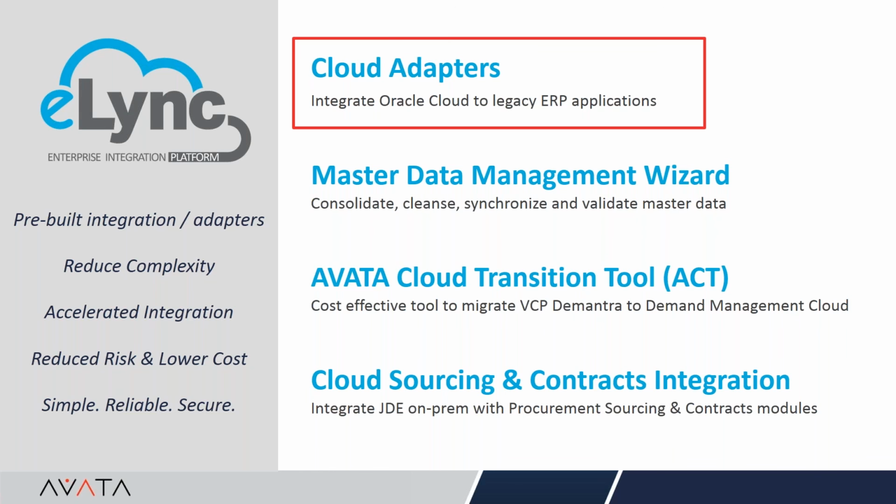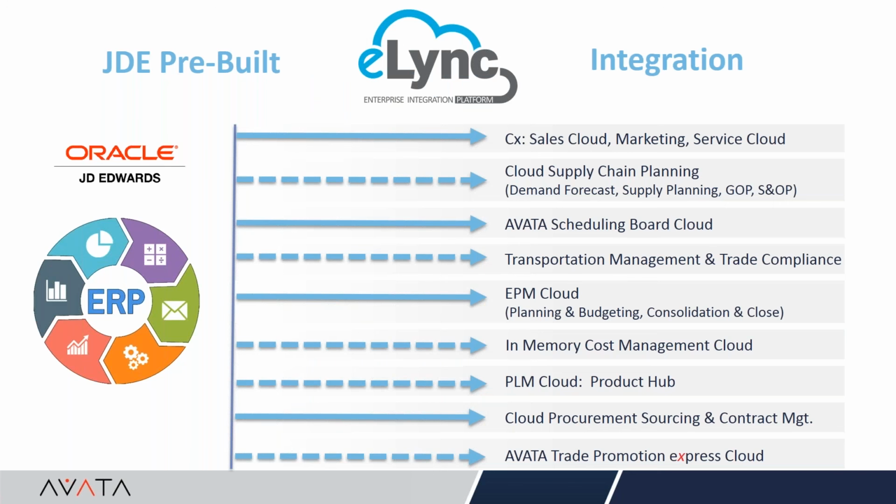For example, in the current JDE environment, we have already begun and will continue to enhance these pre-built adapters that give integration between Sales Cloud, our own scheduling board, and EPM. The dotted lines are integrations in development and pending final release, available for customers running JD Edwards that want to move to, say, PLM or transportation management.